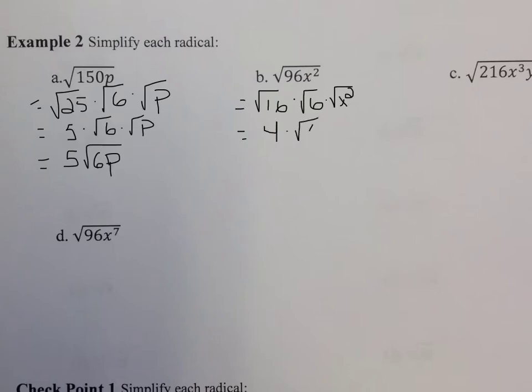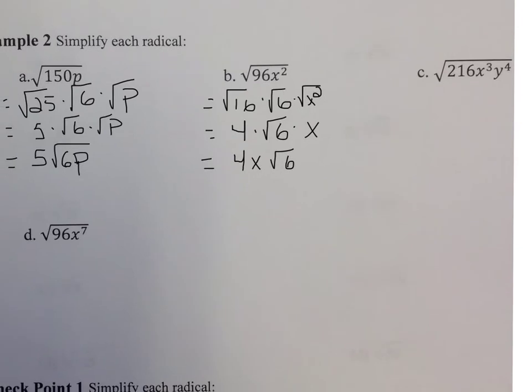Can't take the square root of 6, so we're going to leave it as the square root of 6. But we can take the square root of x squared. The square root of x squared is just x. So we got 4 times square root of 6 times x, and we always rewrite things without a square root in front. So that makes 4x square root of 6. And that's our answer.